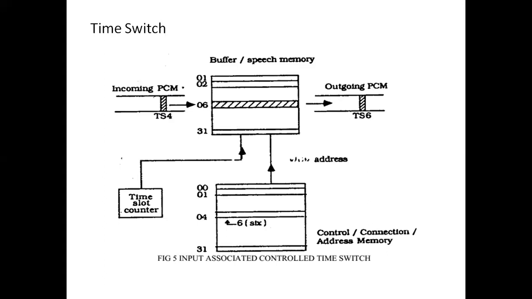Say, for example, if you consider the 32 time slots of a particular PCM channel, if you can recall the diagram we discussed in the classes, every time slot within that PCM highway occupies a different point of time. Say I am receiving some PCM channel at the switch, and at the same time I am transmitting some PCM channel at the output end.